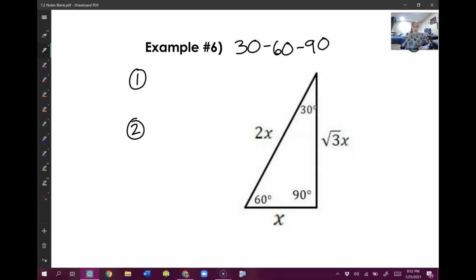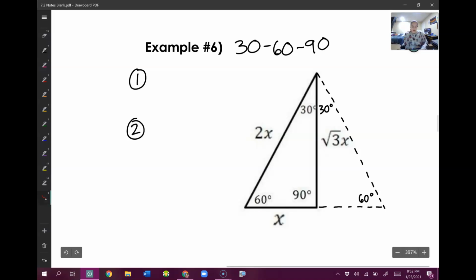The first pattern comes from reflecting this triangle across. So I'm going to reflect this triangle like this, and here's why. If I reflect this 30, 60, 90 triangle, now I have a 60, 60, 60 triangle.